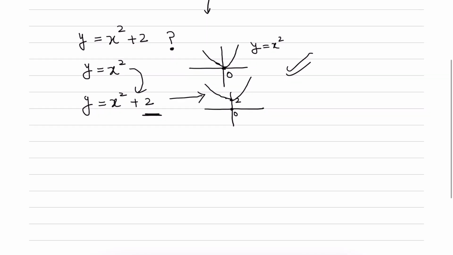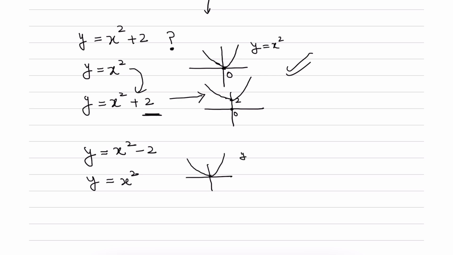In the same way, let's say you have to sketch the graph of y equal to x square minus 2. First of all, you sketch the graph for y equal to x square, which we are going to call the base graph. You know the shape of this graph, which is this one. This is the shape for y equal to x square, and its origin is here.